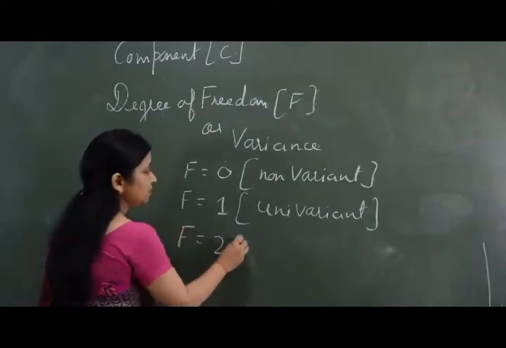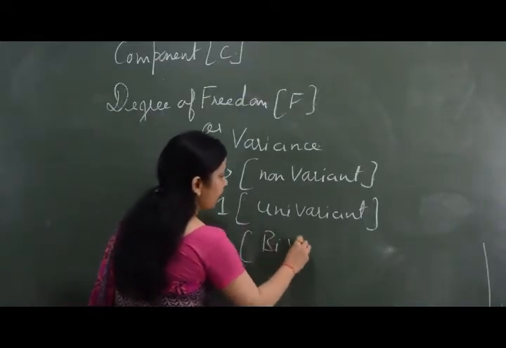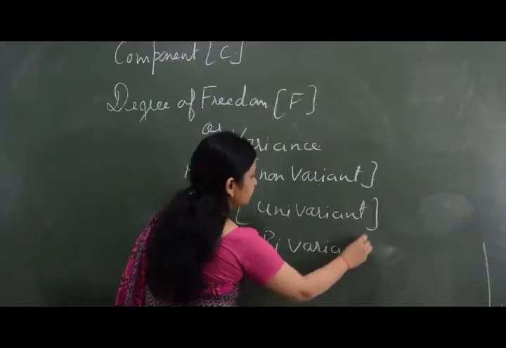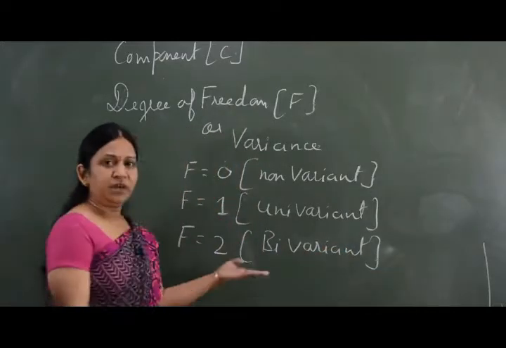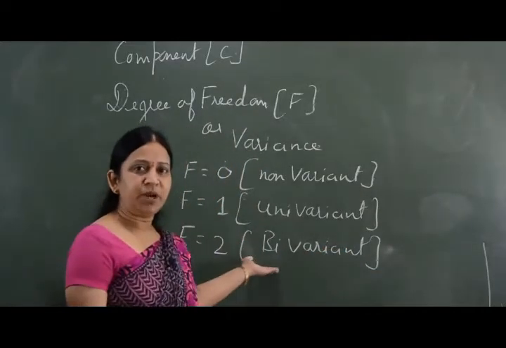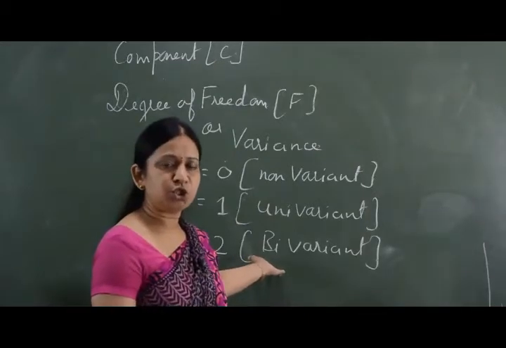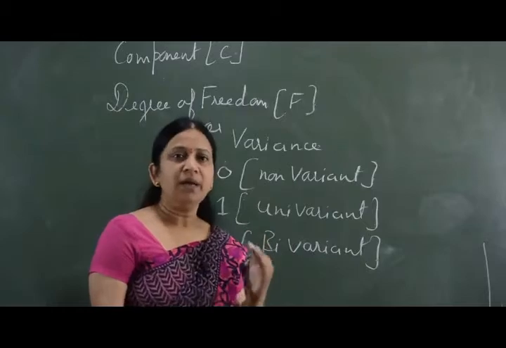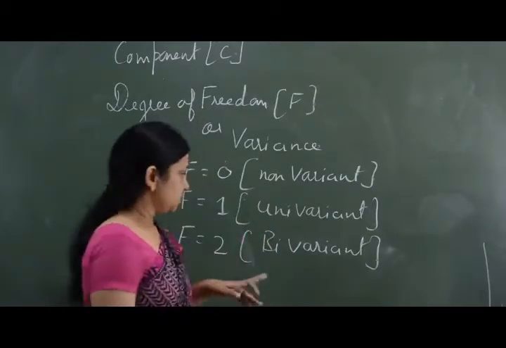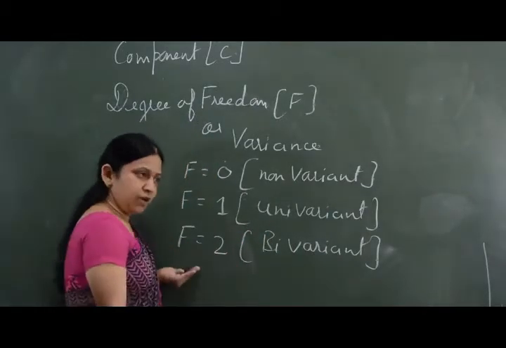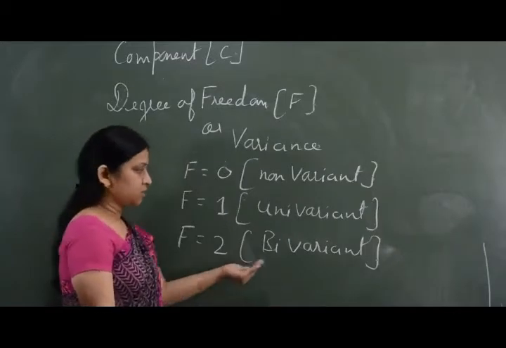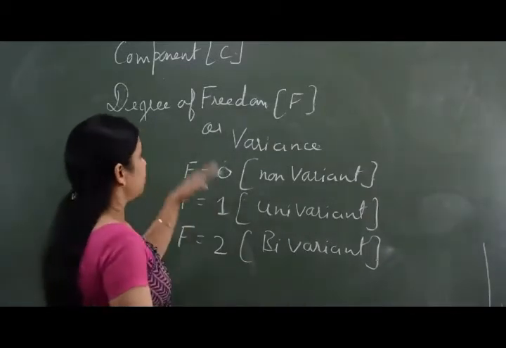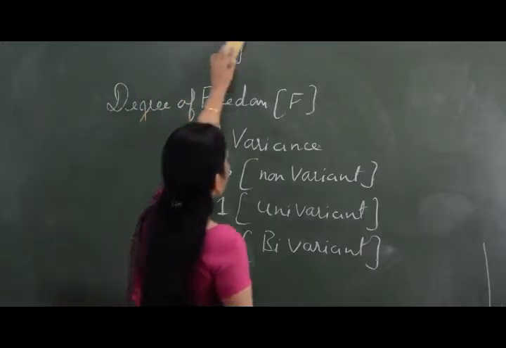If the degree of freedom is 2, the system is bivariant. Bivariant means we have to define either temperature and pressure, or pressure and composition, or temperature and composition. The other third one will automatically become constant after some time. And so on. If the degree of freedom is 3, the system is trivariant. So degree of freedom is also known as variance.